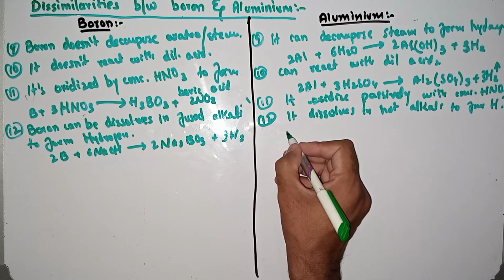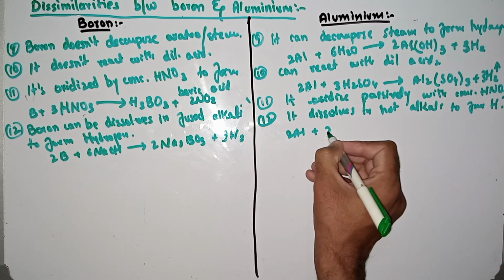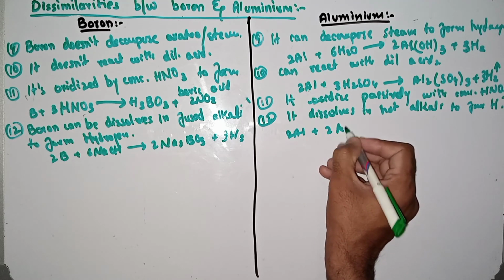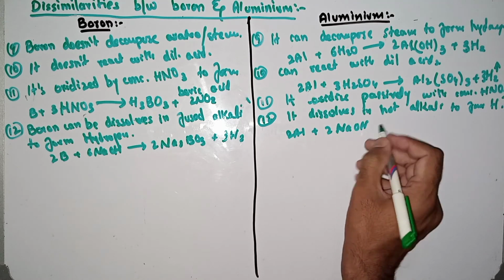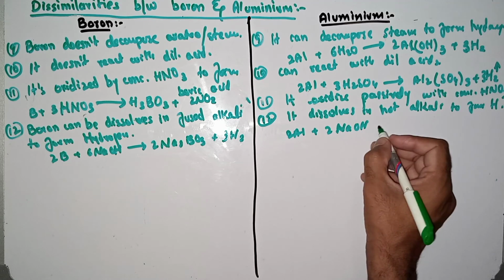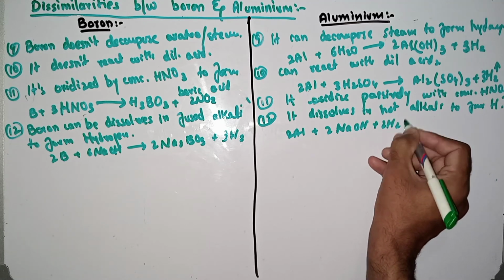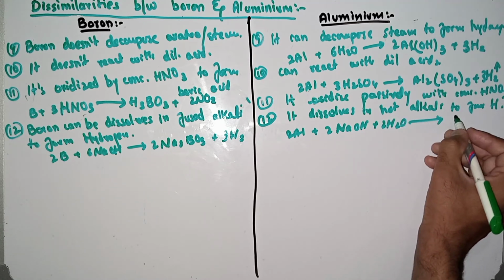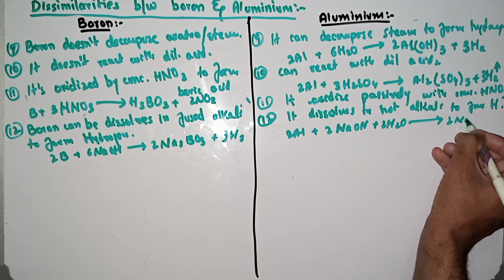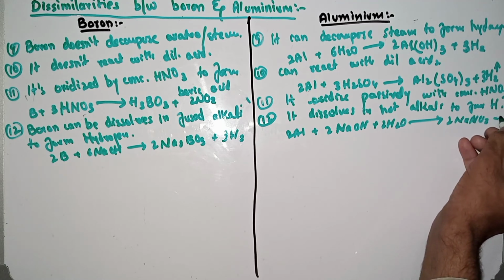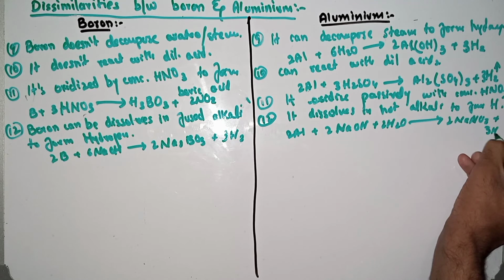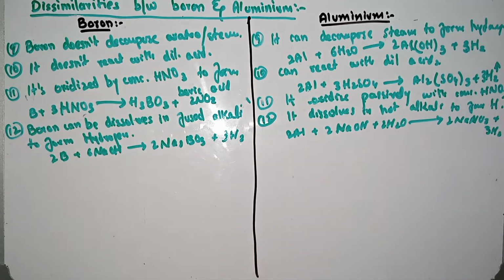For example, 2Al when dissolved in sodium hydroxide solution will decompose into 2NaAlO2 plus 3 hydrogen molecules, which will be evolved. I hope this point will be clear.